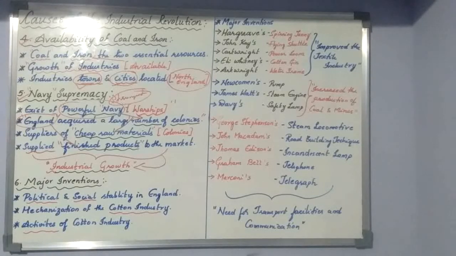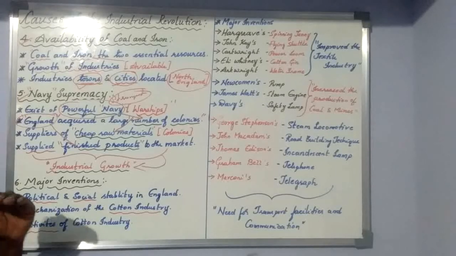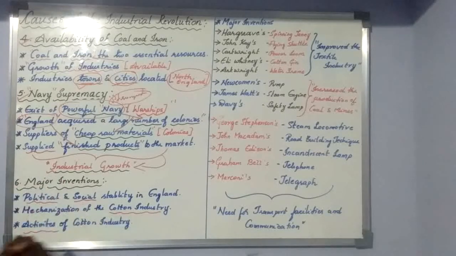Then the next, the sixth and the last, is major inventions. When England started to have growth in industries day by day, it also felt that a few areas should be developed and given care by England.